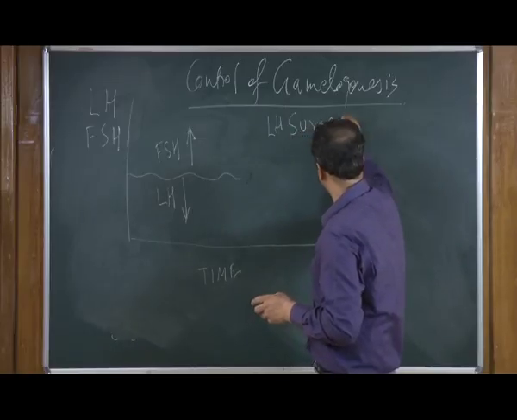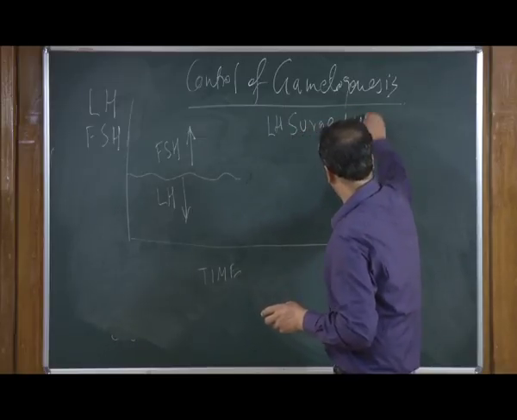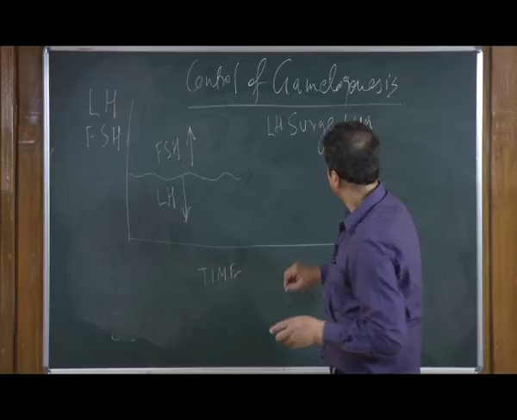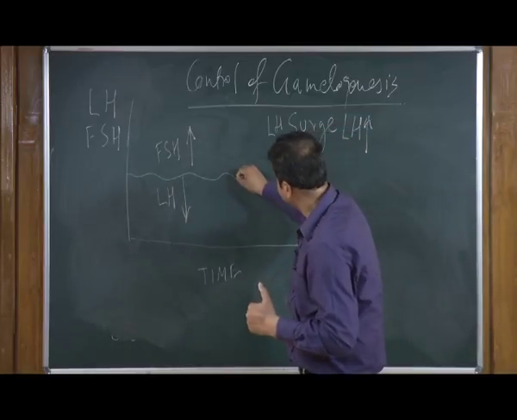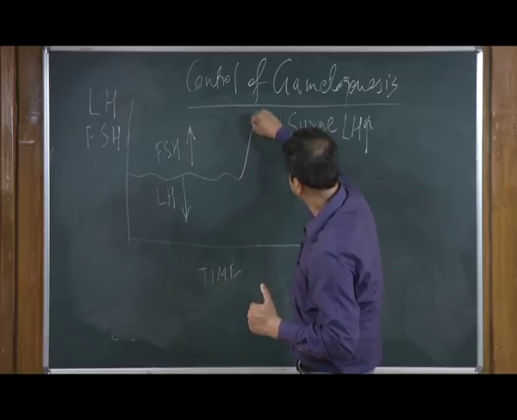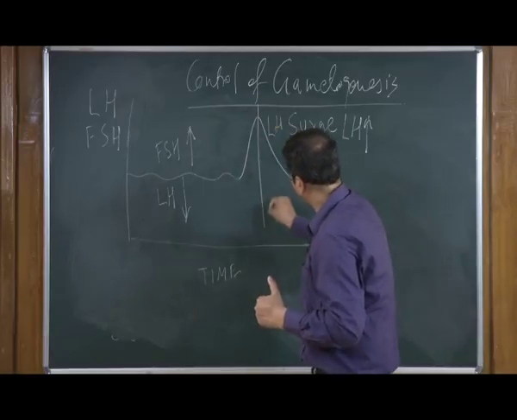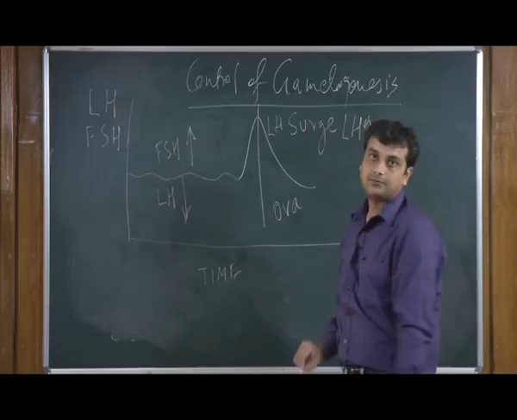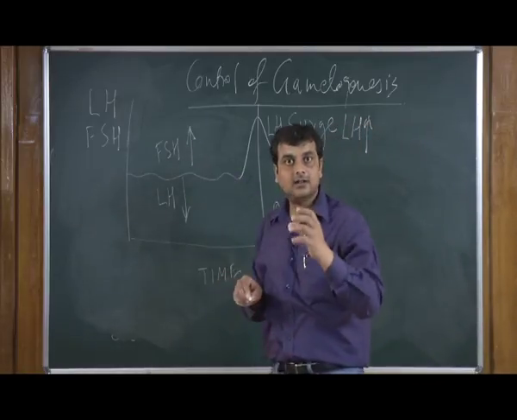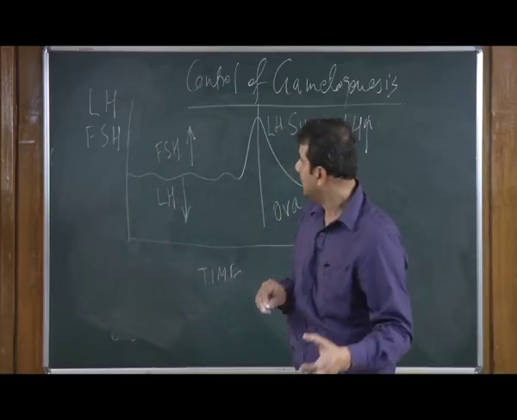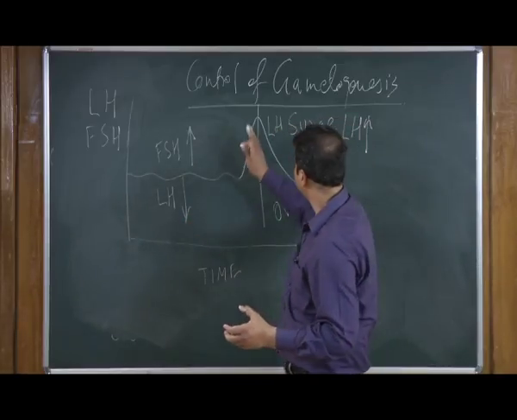So LH is quite high and FSH is getting down, and because of this high level of luteinizing hormone, there is a rupture, and because of this rupture we are getting the ova coming out from that mature Graafian follicle. So FSH is controlling the development of follicle and LH is controlling the ovulation.